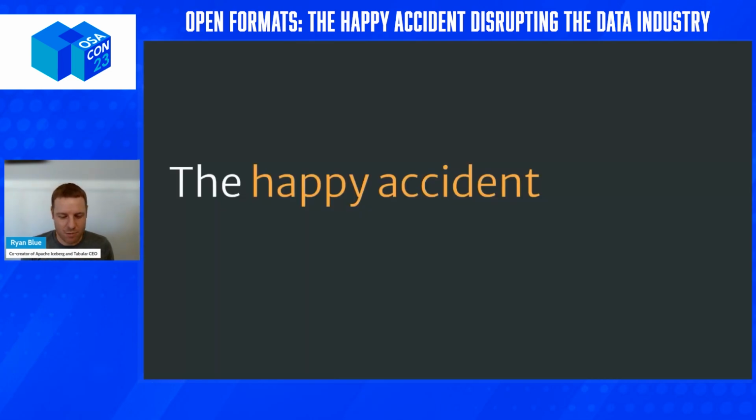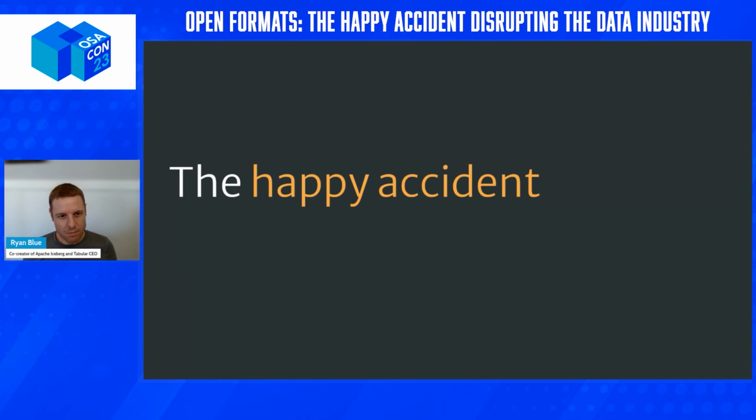Now, that brings us to the happy accident. Because what we ended up realizing was that the architecture that we had built at Netflix, where we had Spark and Flink and Trino and other systems all operating on the same tables at the same time.